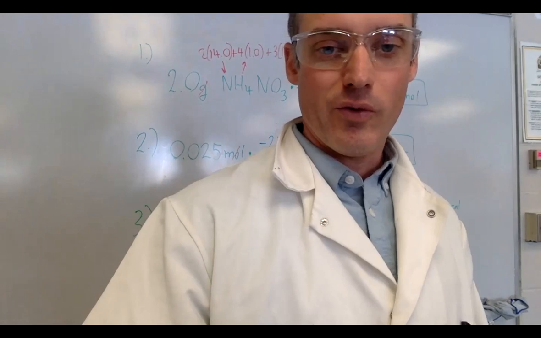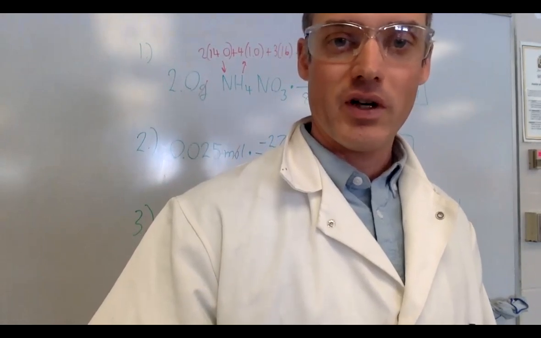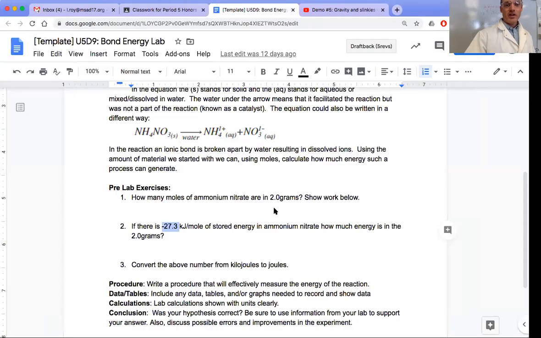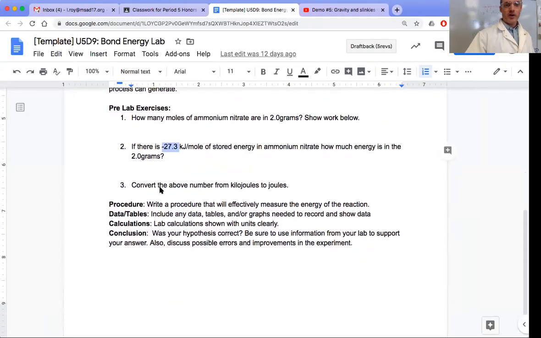So let's just review the procedure here real quick. Oh wait, there's no procedure. There's no procedure because you're supposed to write it. You can use any amount of water that you need, but I'm going to use, I don't know, probably 50 milliliters.